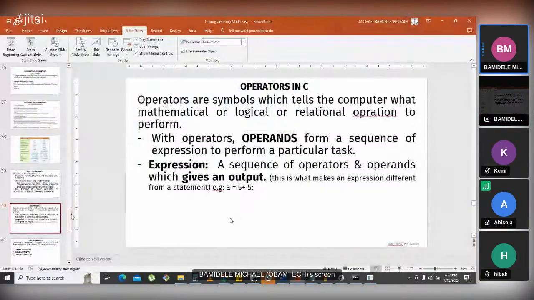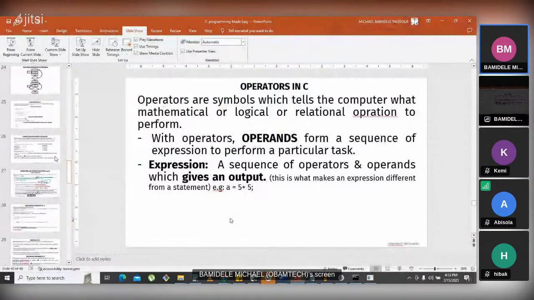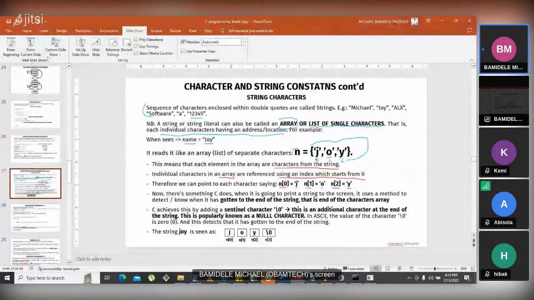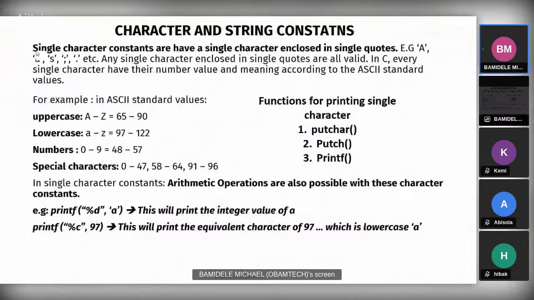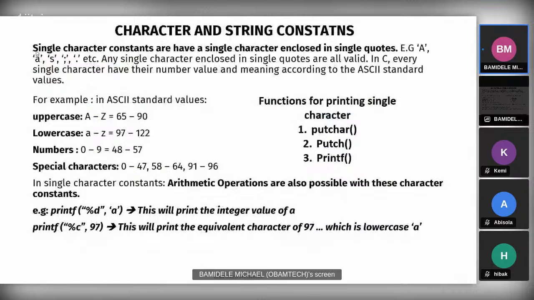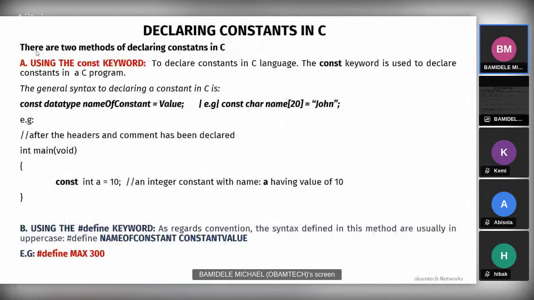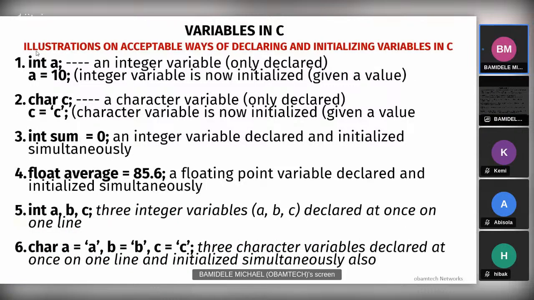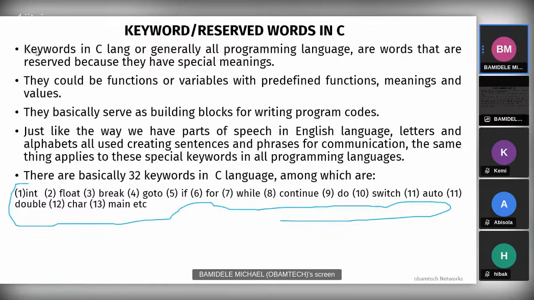What have we talked about so far? We have talked about character and string constants, how single characters work, and how string characters work. We talked about declaring constants in C, variables and the different ways of declaring variables, and reserved words.